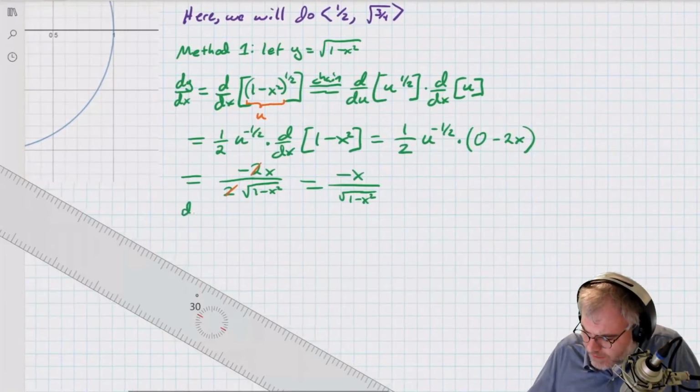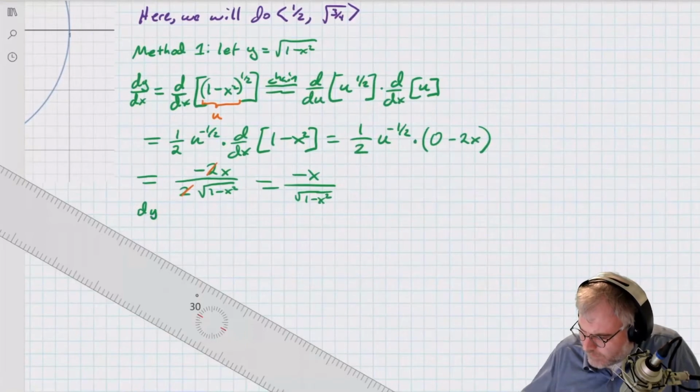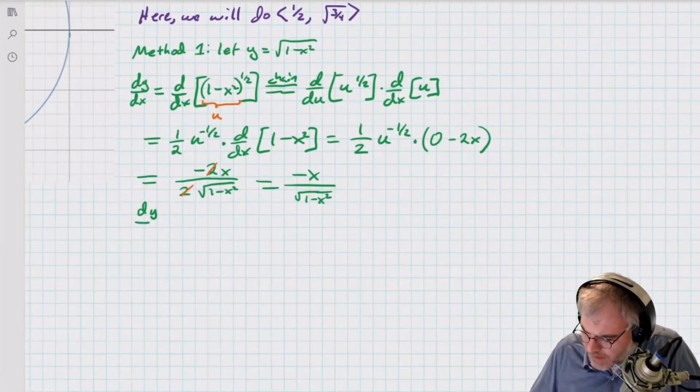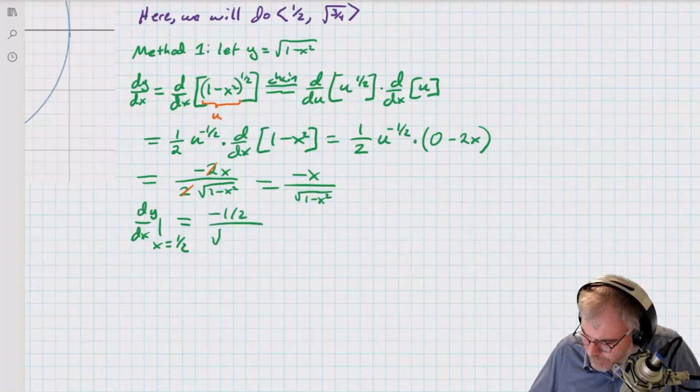So dy over dx, when x equals 1/2, is -1/2 over the square root of 1 minus 1/2 squared, which equals -1 over... so this is going to be a -1 on top. I'm going to move that 2 to the bottom here. 2 times the square root, now this will become 1/4, so that becomes 3/4.